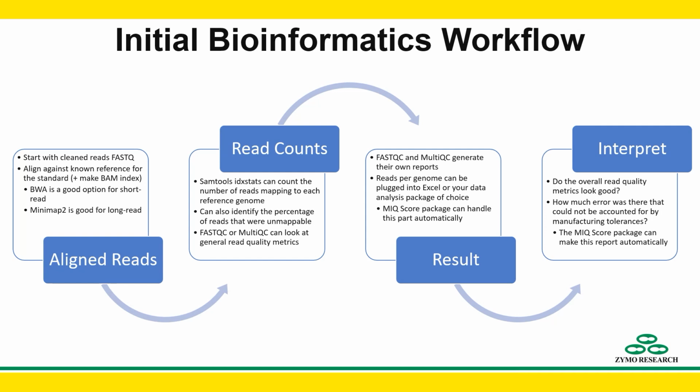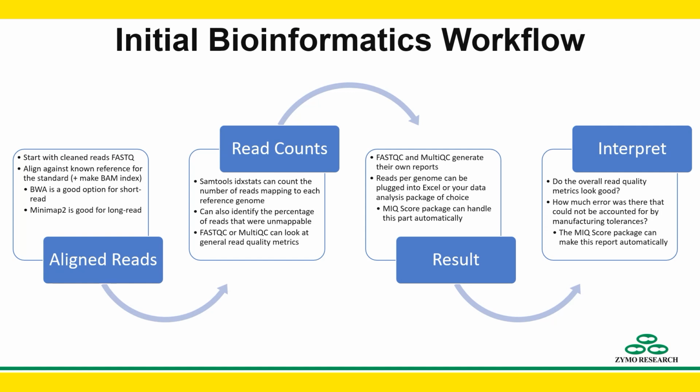If the read quality is poor, that's likely to indicate an issue with your sequencing or library prep, but less likely to indicate an issue with your standard or your microbiome pipeline, although that may be the issue as well. But either way, if you get poor quality metrics overall, the best thing to do at that point is just stop everything and find out what went wrong with the sequencing or what caused these poor quality metrics and address that issue first and foremost.